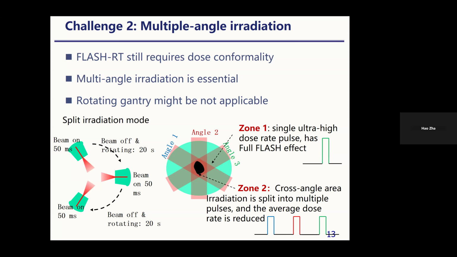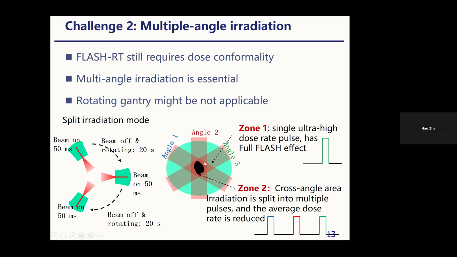If we want to do flash radiotherapy, the operation may be like this. We turn the beams on, and it radiates very quickly, for example, in 15 milliseconds. But the rotating of the gantry takes a long time, for example, 20 seconds. So in this approach, the flash radiotherapy is split into multiple pulses, and that causes a problem.